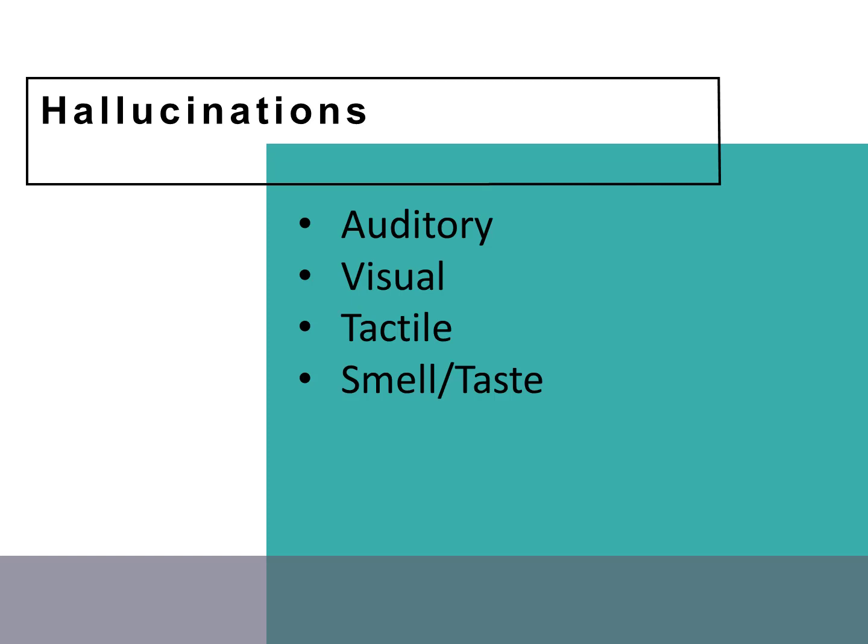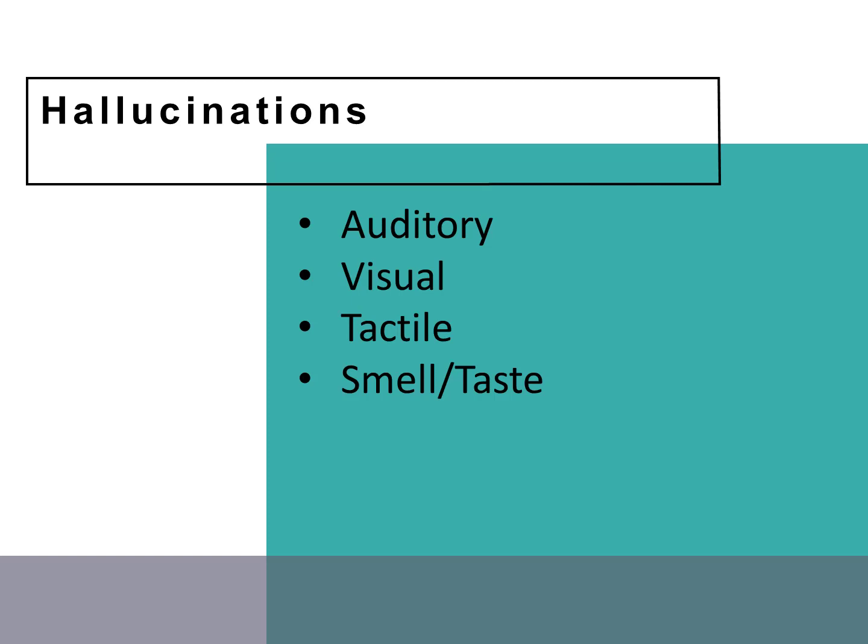I want to say around 23 to 25% of people with schizophrenia have visual hallucinations, and they differ. It could be just shadows and little shapes, or full-blown hallucinations of individuals, where they believe they're actually seeing people.